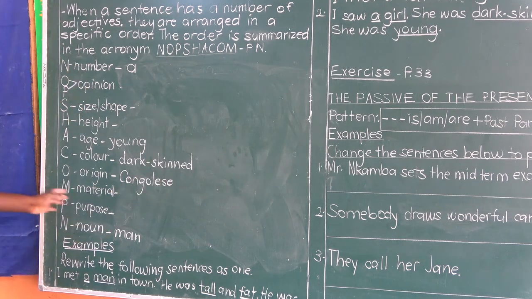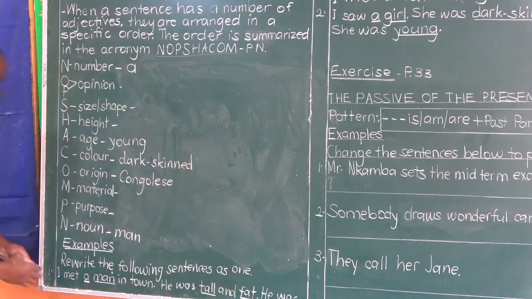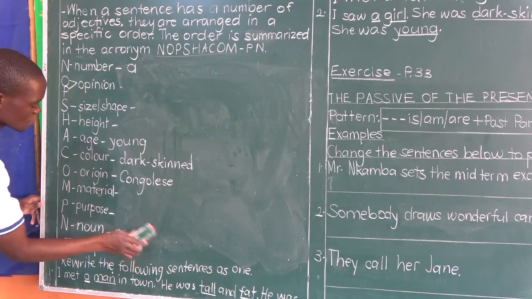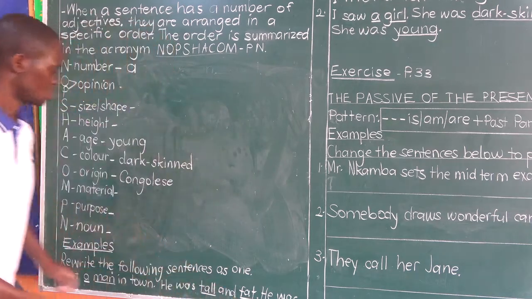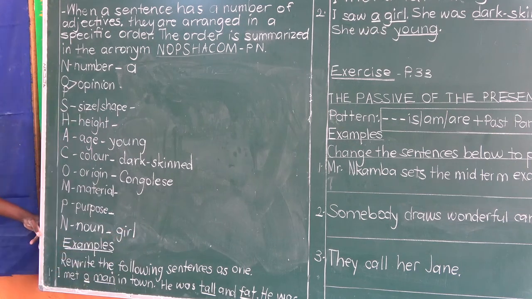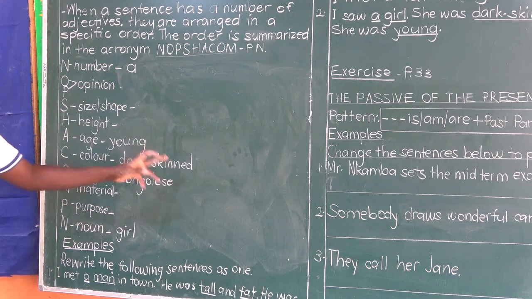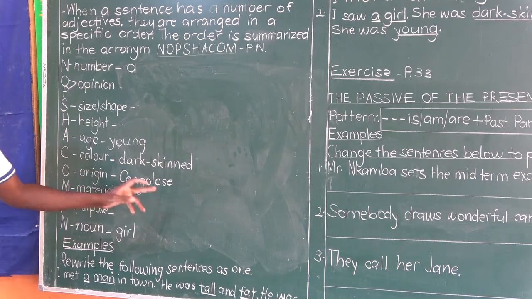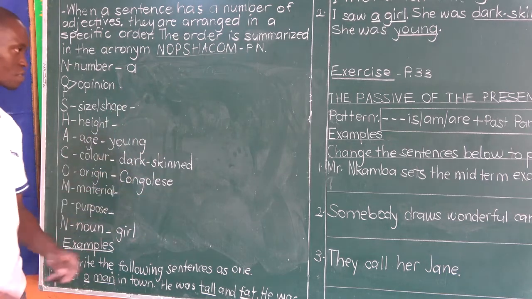Our next category is material. We don't have any adjective of material. Then purpose. We can't see any adjective of purpose. Finally, the noun, which noun is that one. G-I-R-L, girl. Meaning our sentence will flow in this order. A young, dark-skinned Congolese girl. I repeat, a young, dark-skinned Congolese girl.